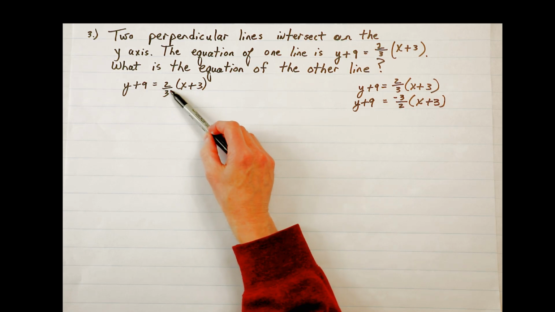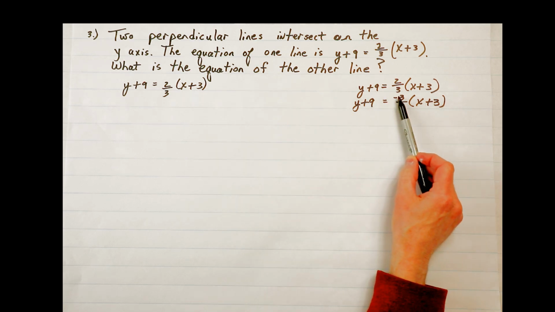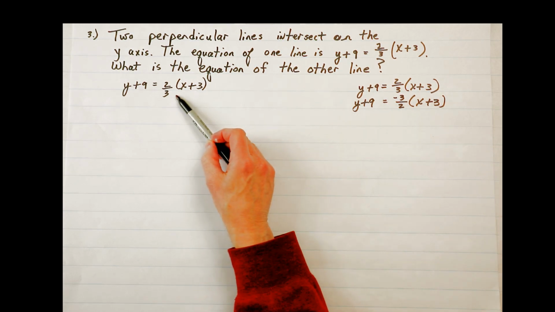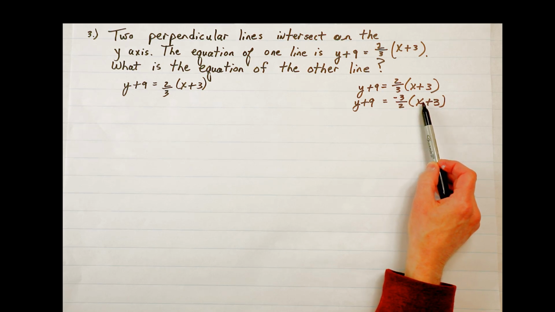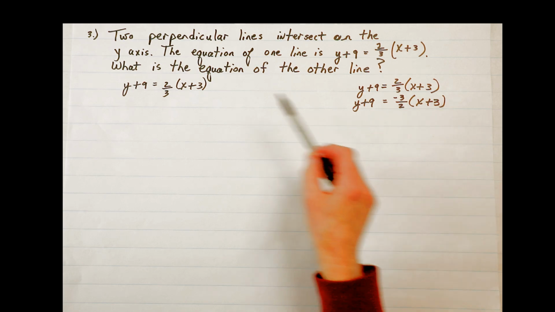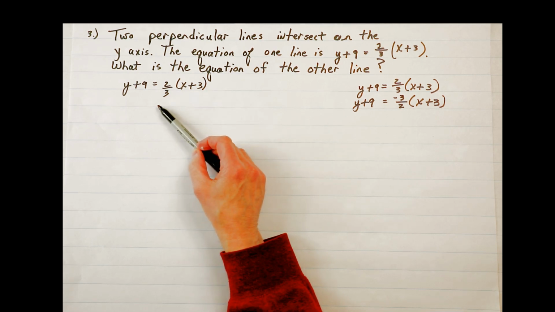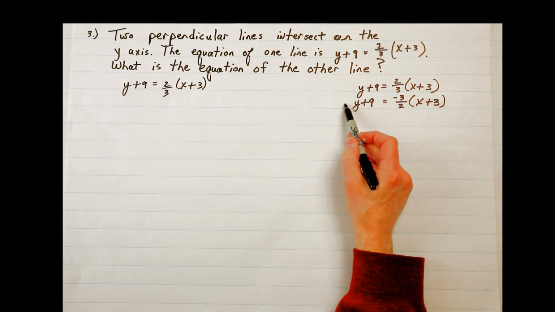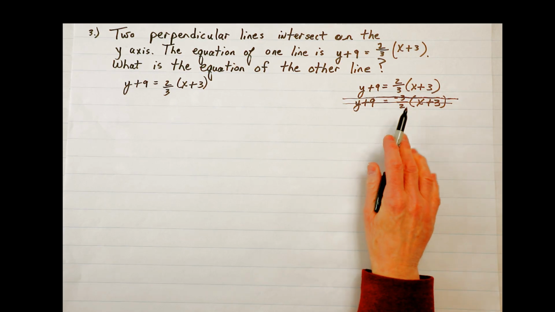We have the equation of the line here, and the one that we changed to minus 3 over 2 as the slope would be perpendicular to this one, but it will not have the same y-intercept. So we have to change it to slope-intercept form. That's what I'm going to do with this one. Get the y-intercept, and then we can change this one over here. So I'm going to cross this out and just say that this is not what we're after in this case.